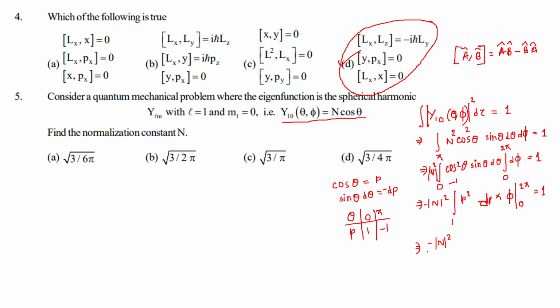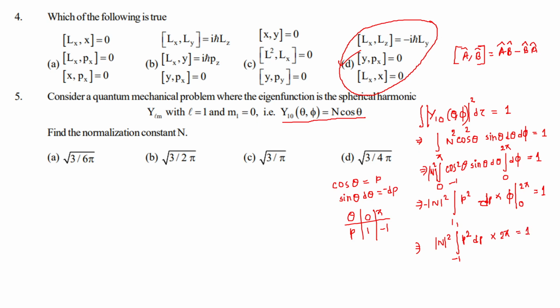Actually, this minus I can use to revert the limit. So it was 1 to minus 1, and now I am reverting it to minus 1 to 1.